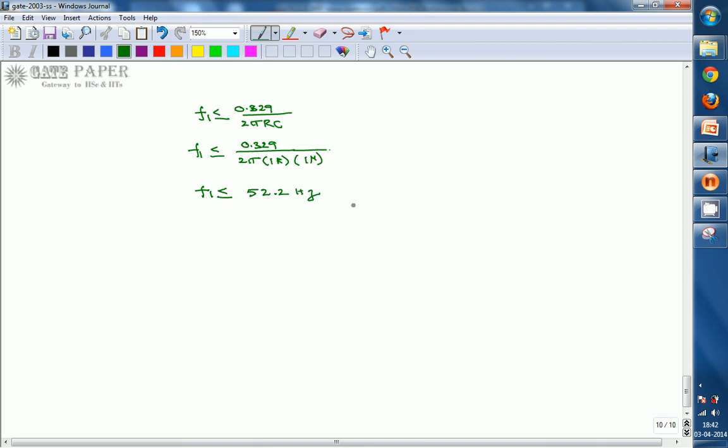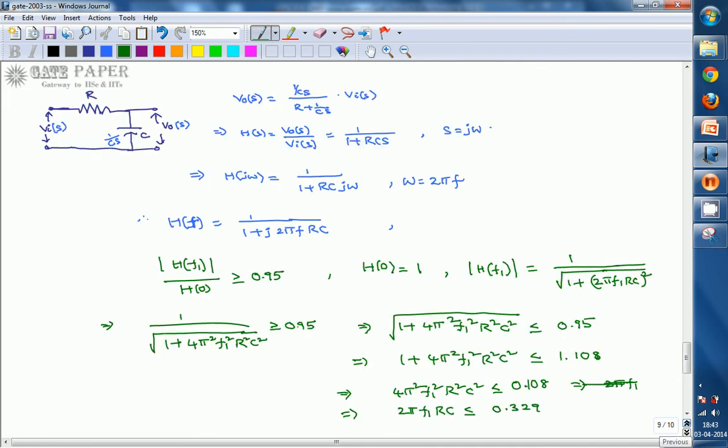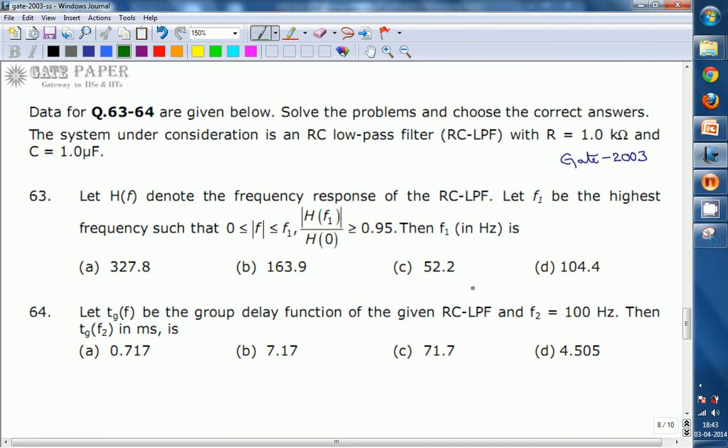So f1 is the max value, then we can consider that f1 max equals 52.2 Hz. So we'll see the options, it was given as 52.2 in terms of Hz.